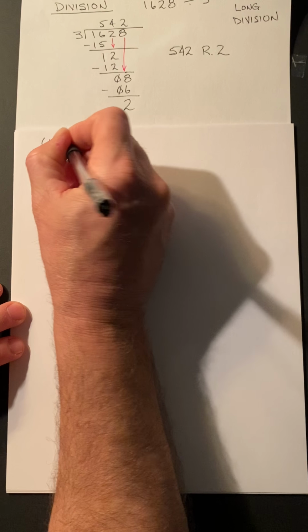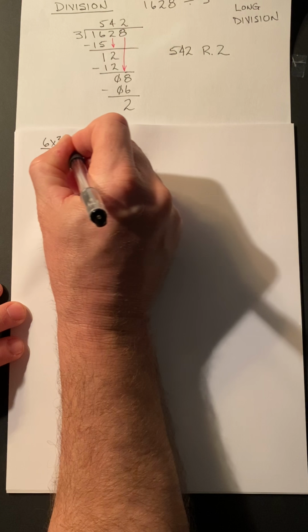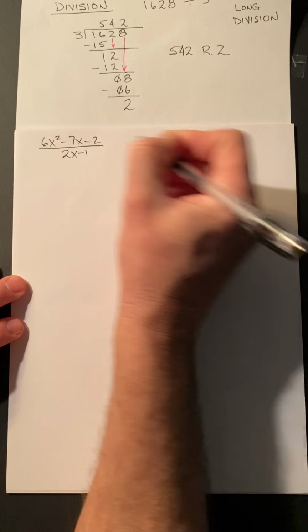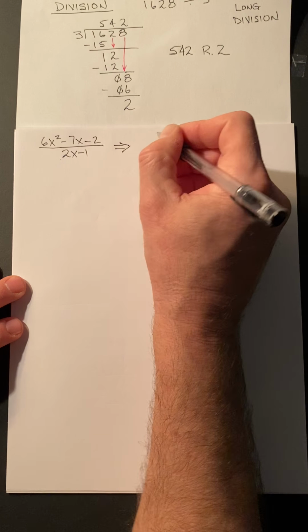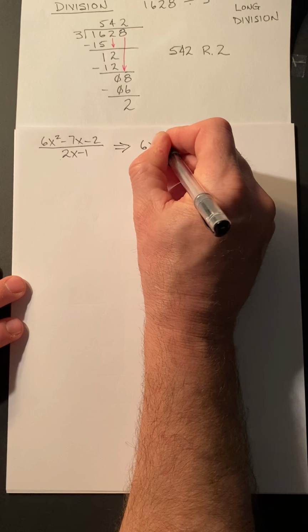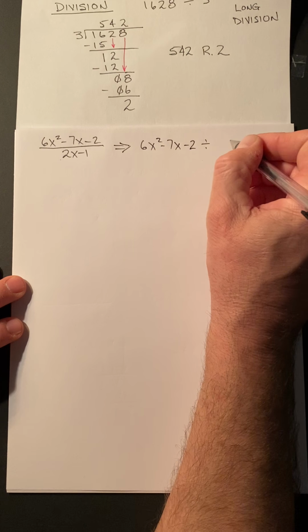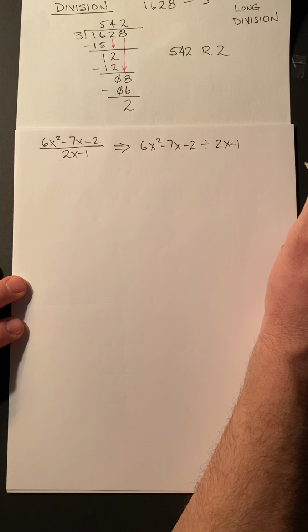And let's say we have 6x squared minus 7x minus 2 all over 2x minus 1. Now, keep in mind that is exactly the same thing as 6x squared minus 7x minus 2 divided by 2x minus 1, okay?